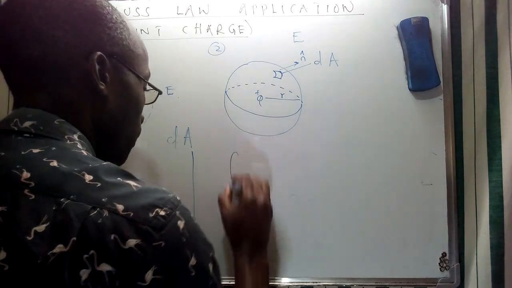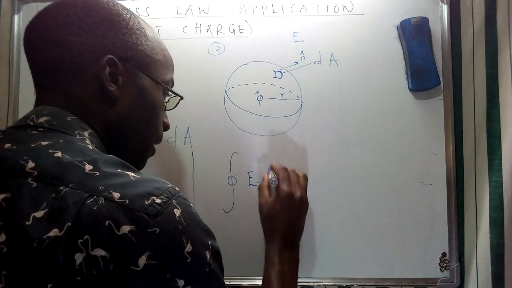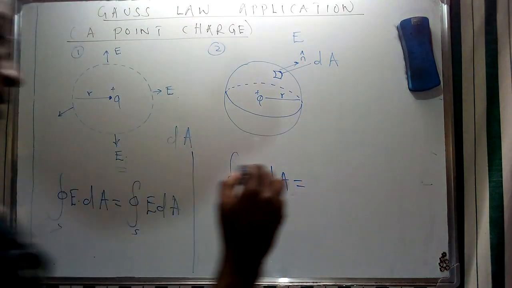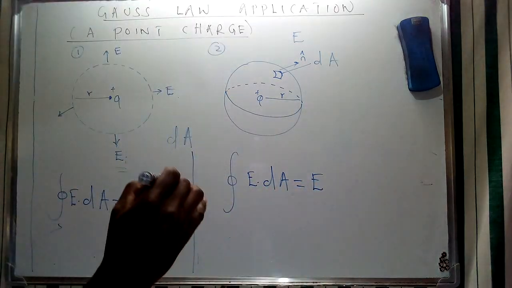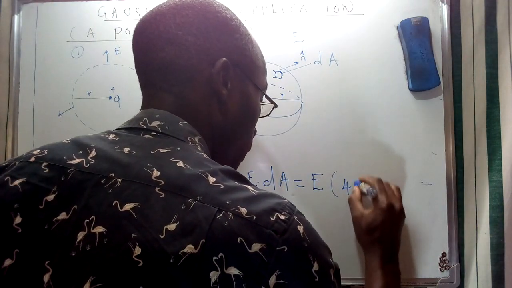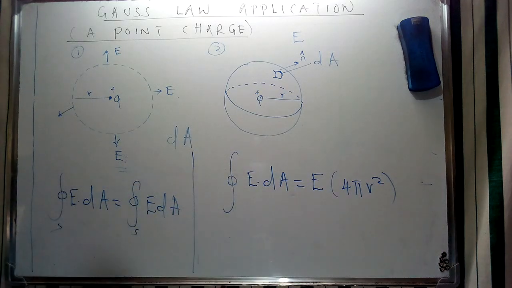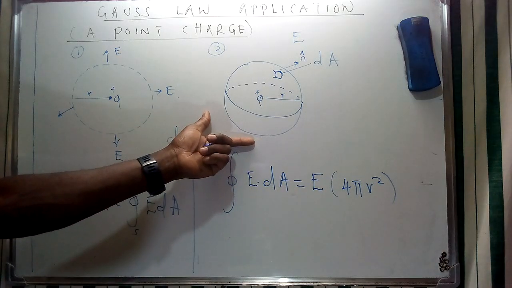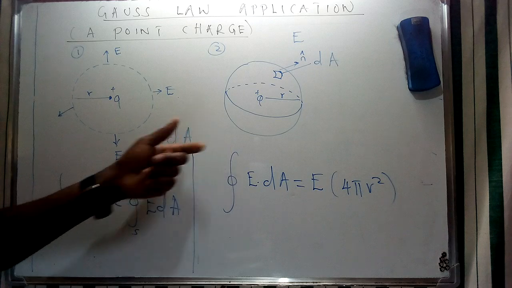So we're going to have an integral over that closed surface of E dA, which is equivalent to the total area of a sphere, given as E 4 pi r squared. So if we look at this, we can conclude that the enclosed charge at this point is equivalent to the total charge in consideration.